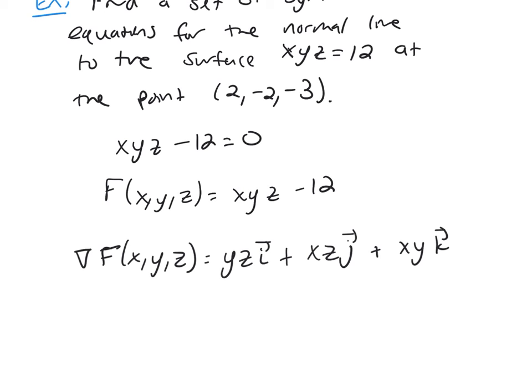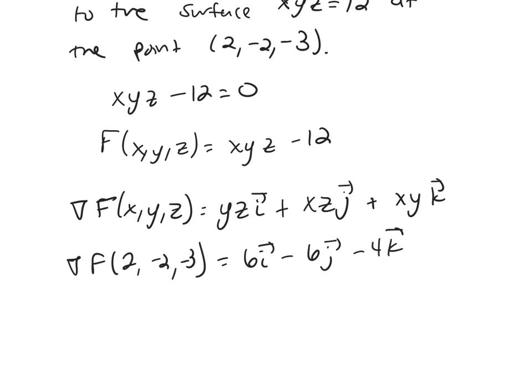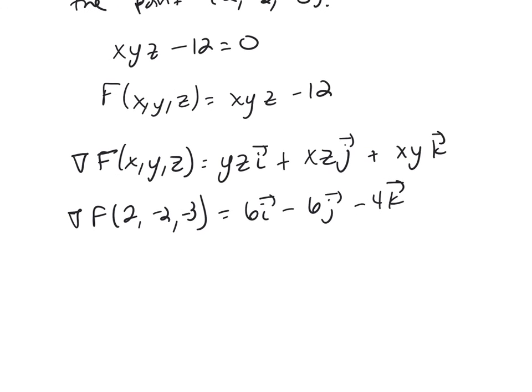Okay, and then you're going to plug your point into this gradient, the gradient of f at my point, 2, -2, -3. That will be 6i minus 6j minus 4k. And these make up our direction numbers. And then I have my point.